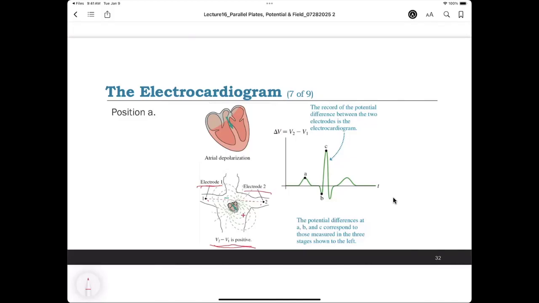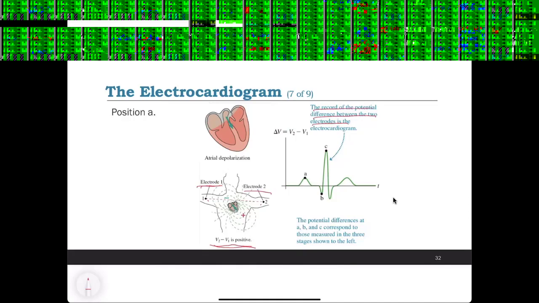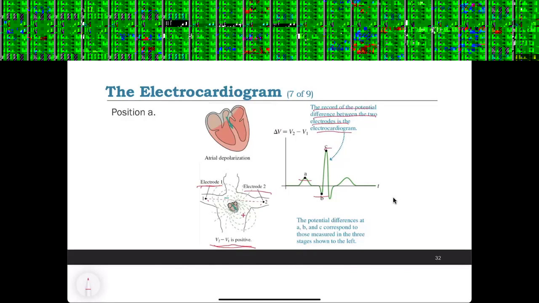This is the record of the potential difference between the two electrodes, the electrocardiogram. The potential differences at A, B, C correspond to those measured in the 3 stages shown to the left.